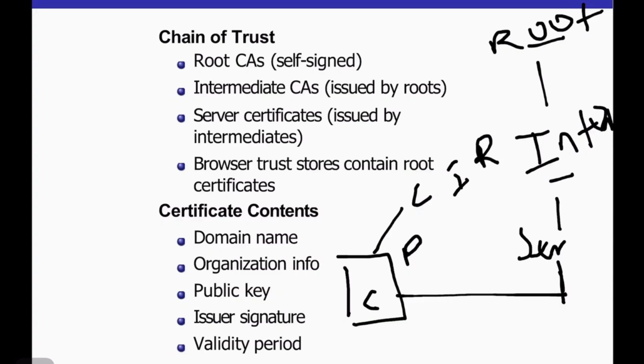Because if anyone gets access to the certificate, that means they can get out of the encryption and decrypt stuff. So it is given for a particular period of time. If the time elapses, then you have to renew your certificate. Then you have to go back.